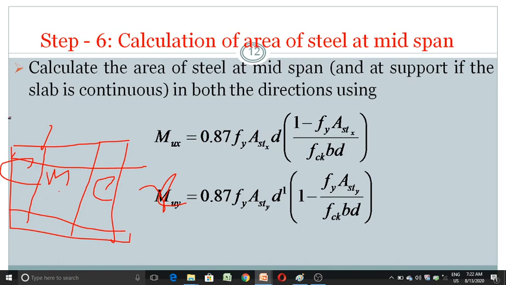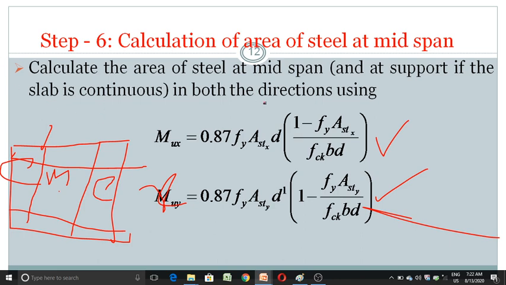So in these regions we need to calculate the area of reinforcement to be provided. We can calculate it by using these two formulas. So what is our step? How to calculate the area of steel at midspan. Midspan means along the x direction we have a midspan, and along the y direction we have a midspan.